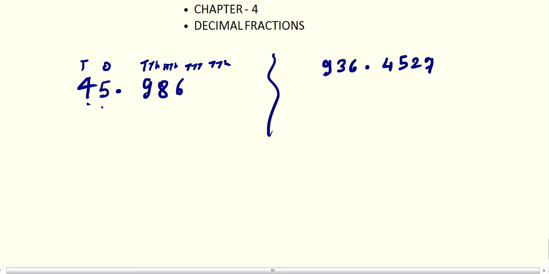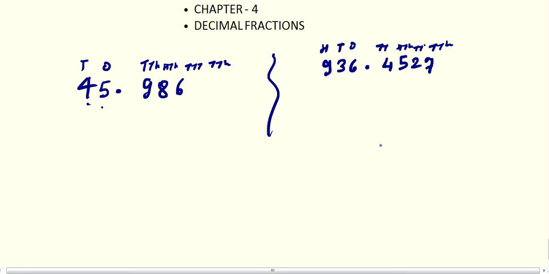Next question is 936.4527. So this is ones, tens, hundreds, and after the decimal you have tenths, hundredths, thousandths, ten-thousandths. Clear?